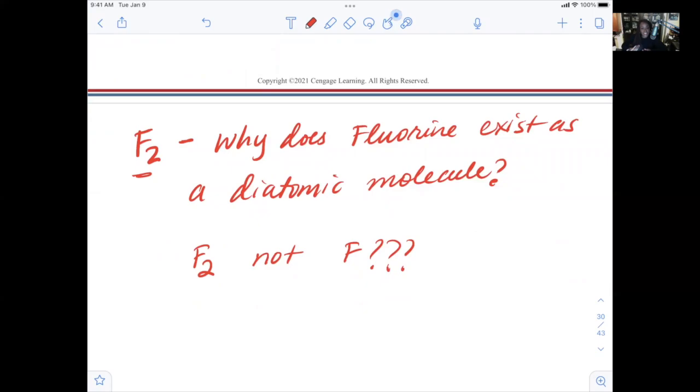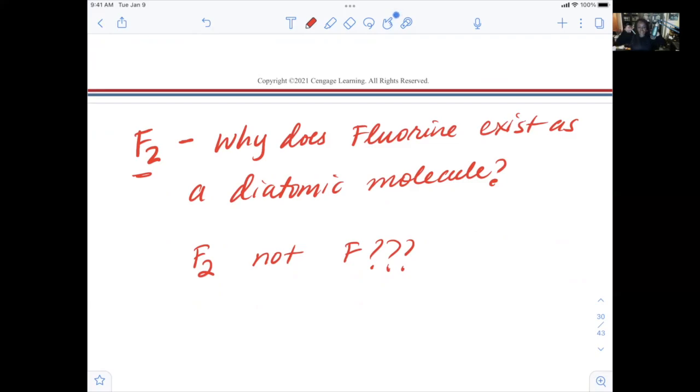Well, scientists noticed that certain elements have an affinity. They have this unseen attraction towards each other. So one atom of fluorine has an attraction towards another atom of fluorine that makes them combine together when they're single. And when I say single, I mean they're not in a compound, right?